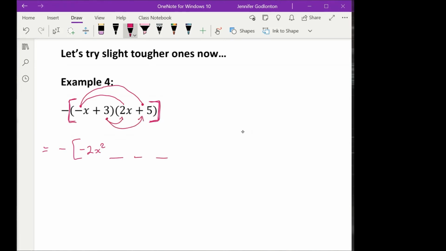So you should have 4 answers happening in that bracket. That's your first step. Your first step is your FOIL. And your second step is to add your like terms that are inside the brackets. Okay, and then your final step here is to distribute the negative sign.